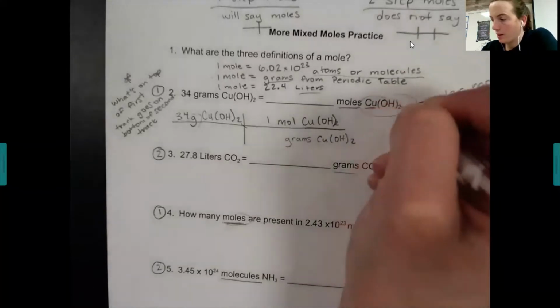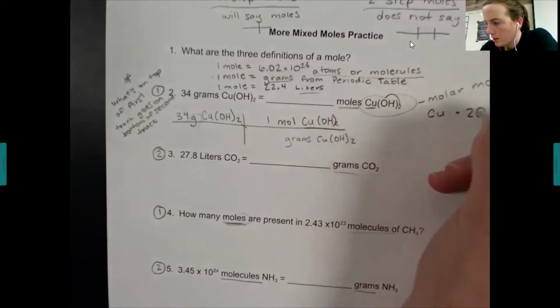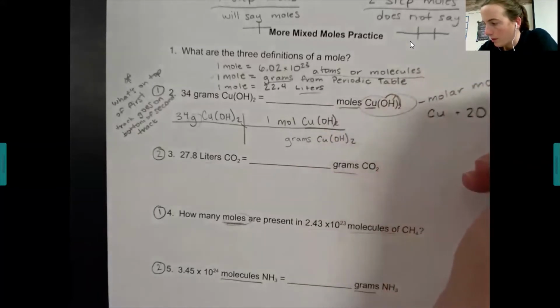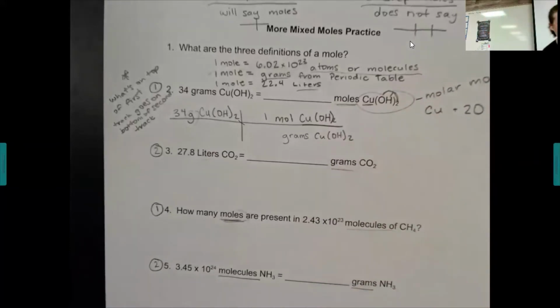People have been asking that as well. So this means I have 2 oxygens, so plus 2 oxygens. That's oxygen, not 20. And then plus 2 hydrogen, because I'm distributing. So this will be my molar mass. Let me grab my periodic table.